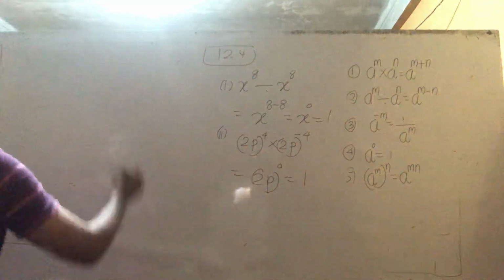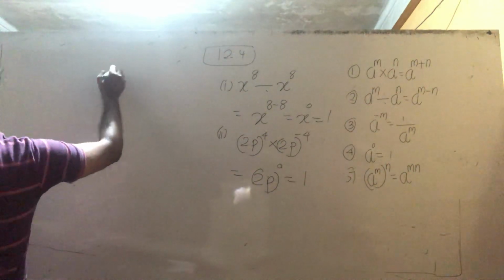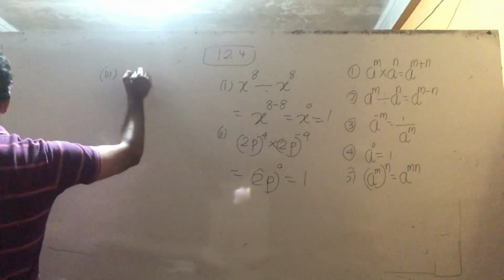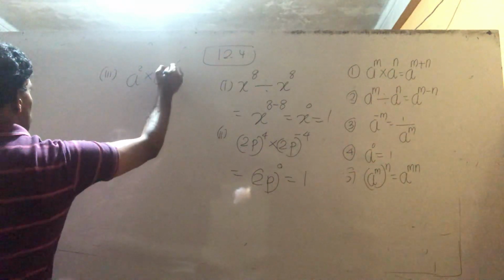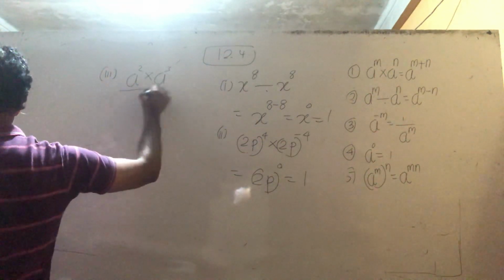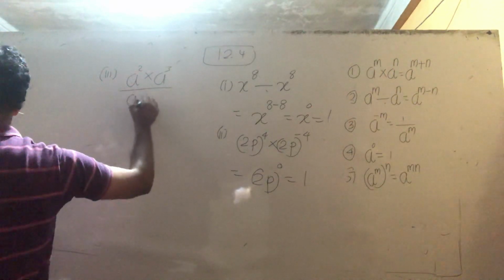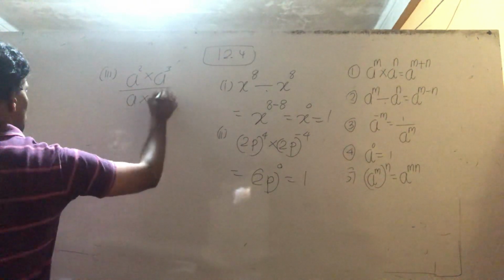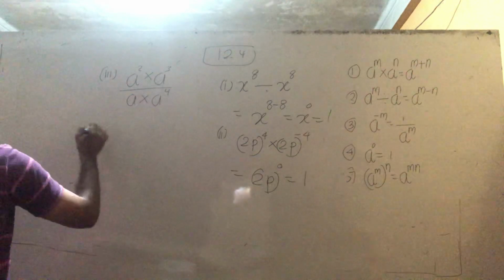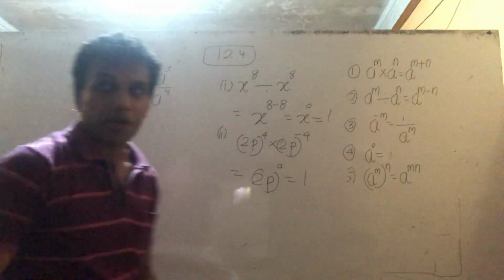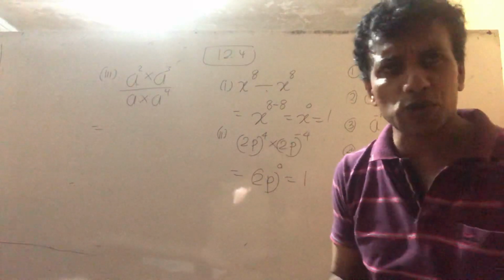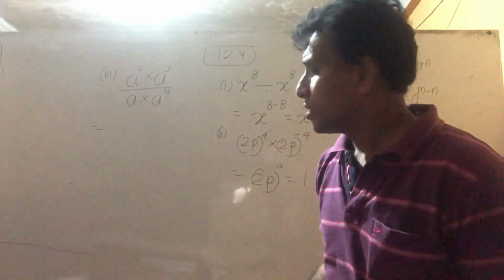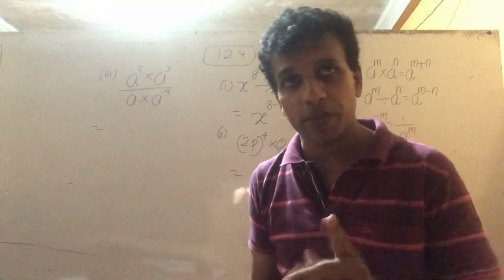Okay. Simplify and get the answer. Most of these questions come to 0 power. That means power 0 means the answer comes 1.